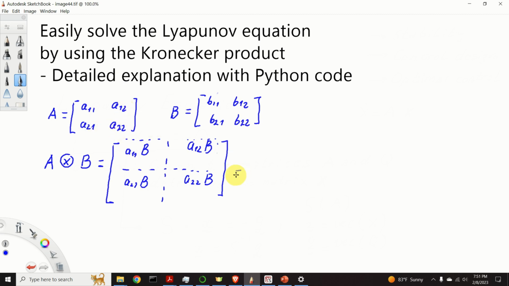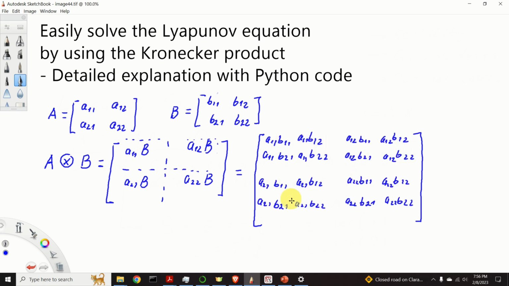And as the result, we obtain a 4 by 4 matrix that looks like this. We have B11, B12, B21, B22, and here we have A11 multiplying, A11 multiplying, A11 multiplying, A11 multiplying.